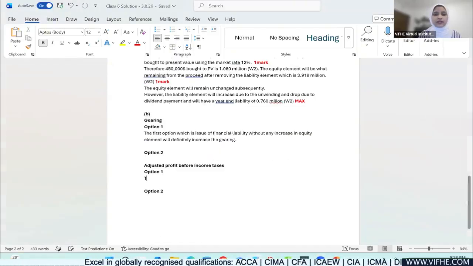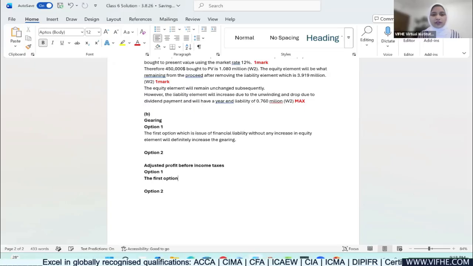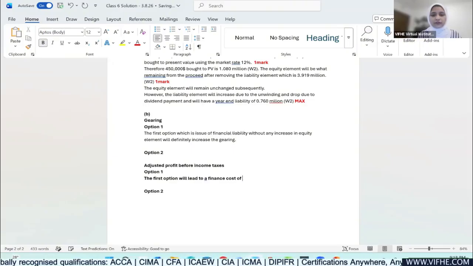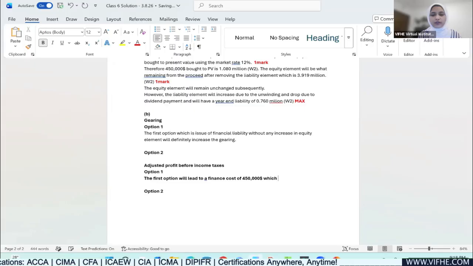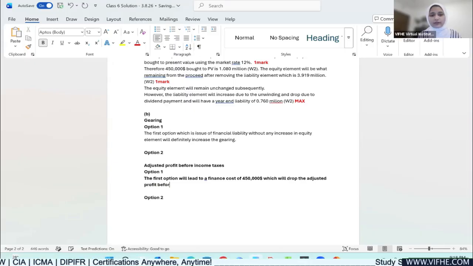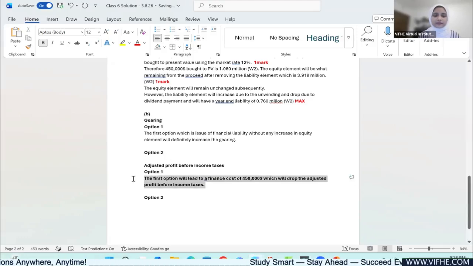So the first option will lead to a finance cost of 450,000, if I'm not wrong, $450,000, which will drop the adjusted profit before income taxes. So this option also I wrote. This impact also I wrote.